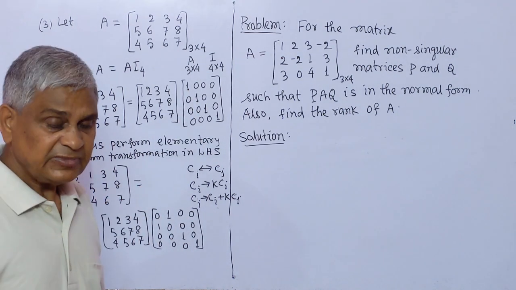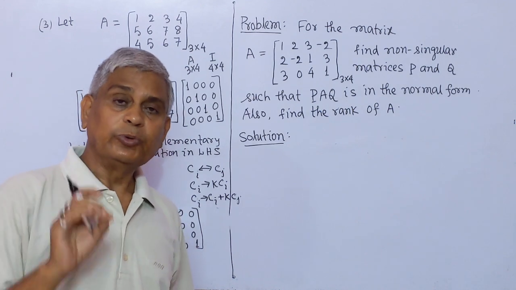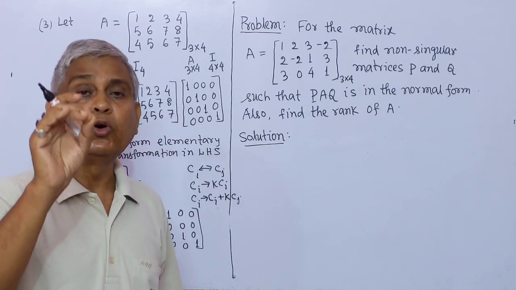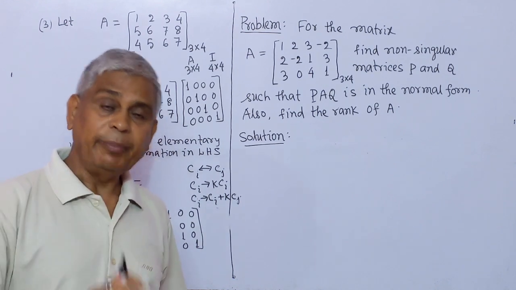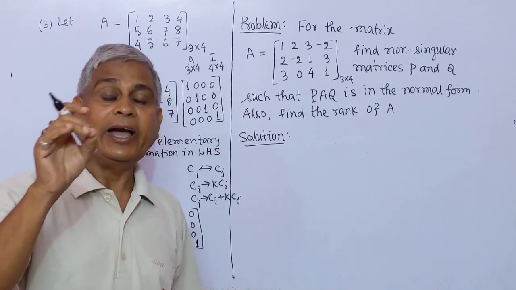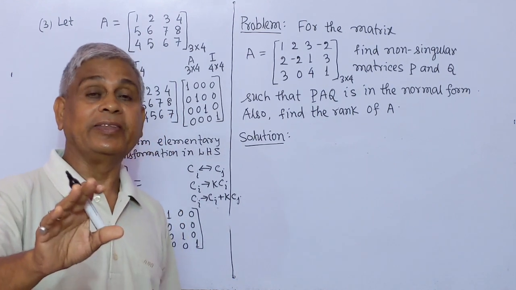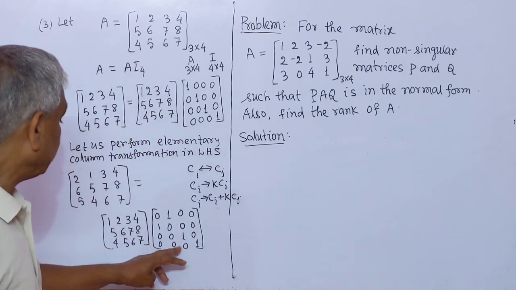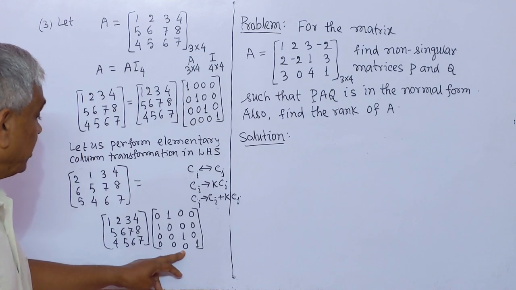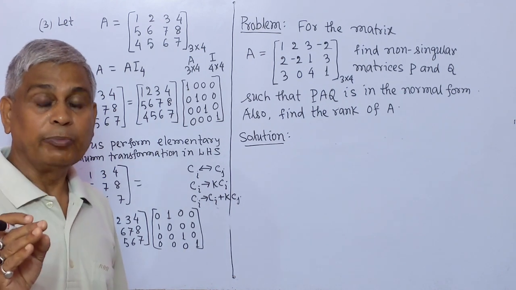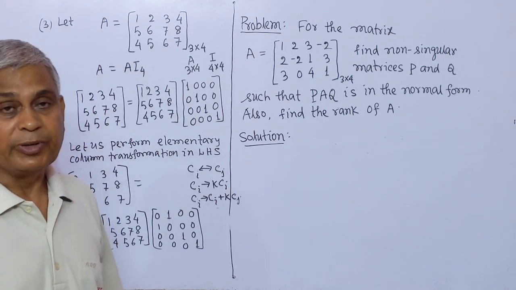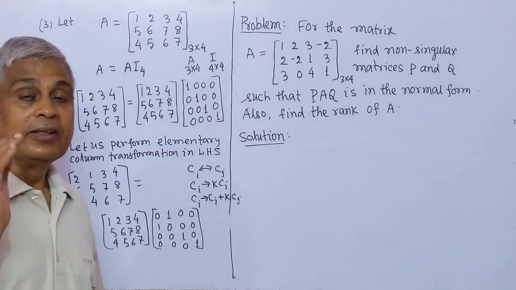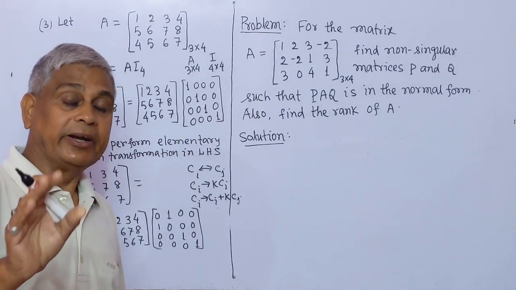In a nutshell, if we wish to perform an elementary row transformation on a matrix, we will have to pre-multiply with the corresponding elementary matrix. This is the elementary matrix: after performing one elementary transformation on the unit matrix, that matrix is called an elementary matrix.